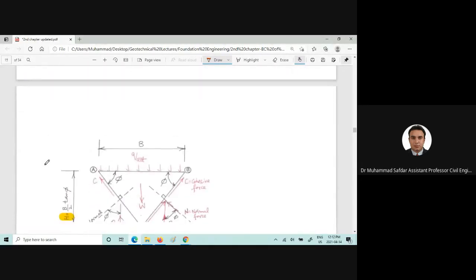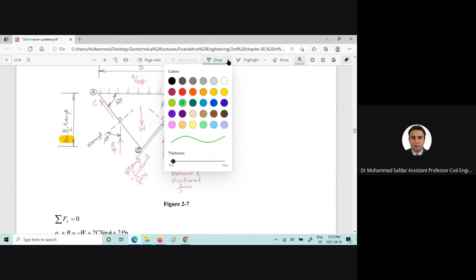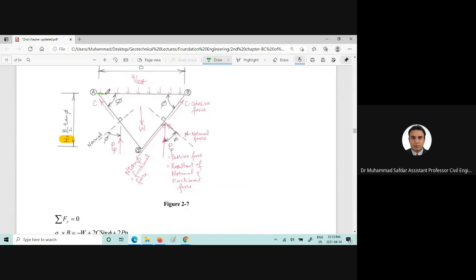Now, the free body diagram for the elastic wedge we can also draw. Let me take the greenish one here. If we want to draw the free body diagram, we already know that Q ultimate is applied on top of this wedge. Here we are given the friction angle.